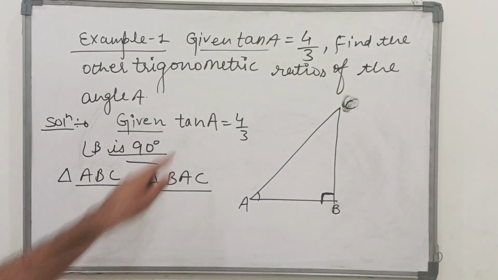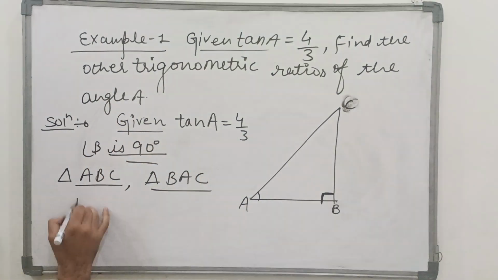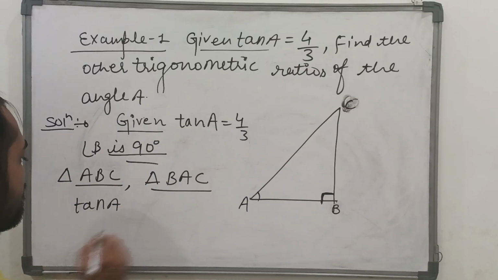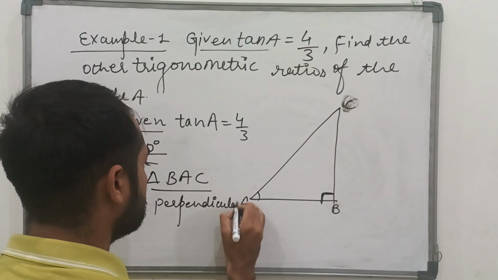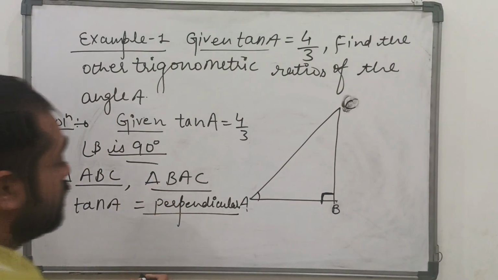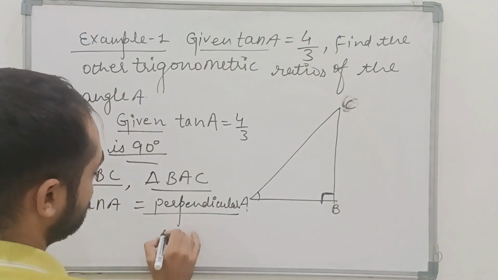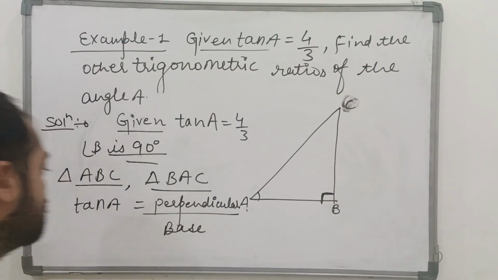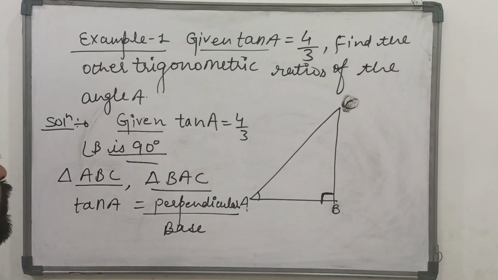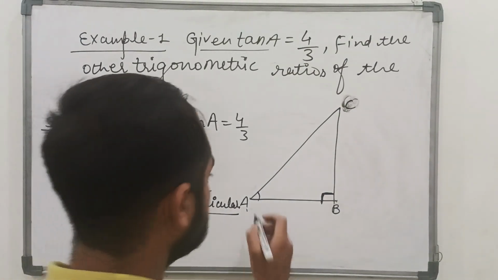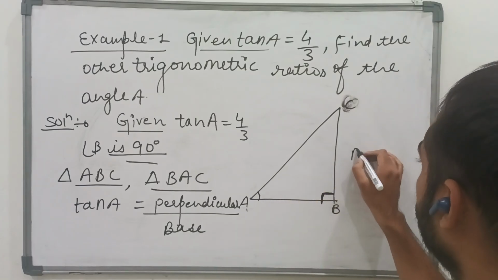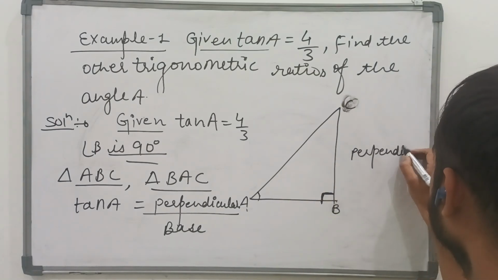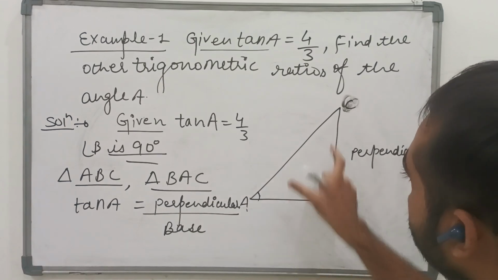Now what is tan A? We know that tan A is equal to perpendicular upon base. In front of this angle A, this is the perpendicular.